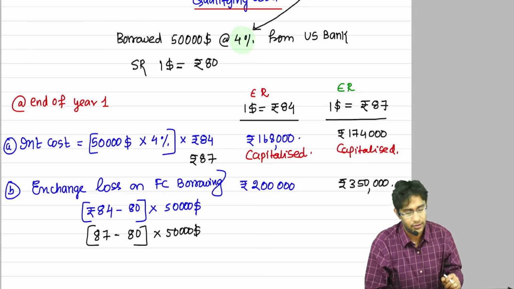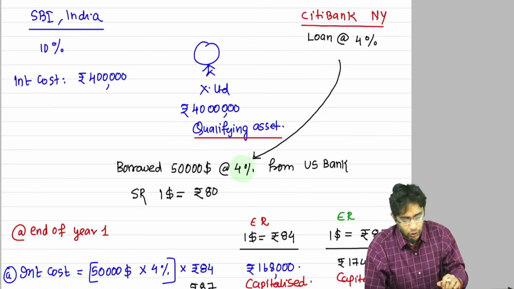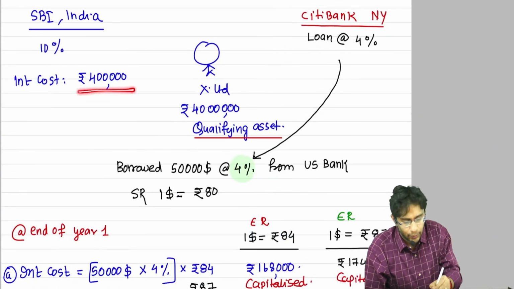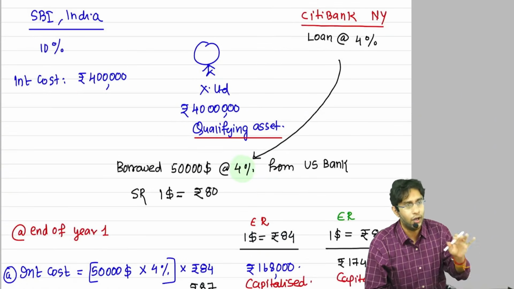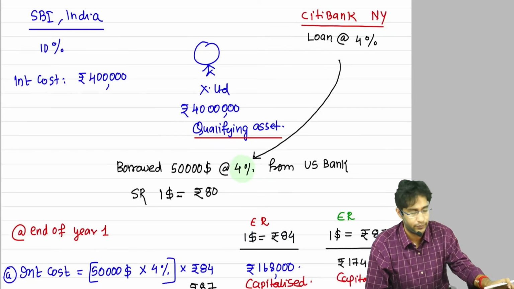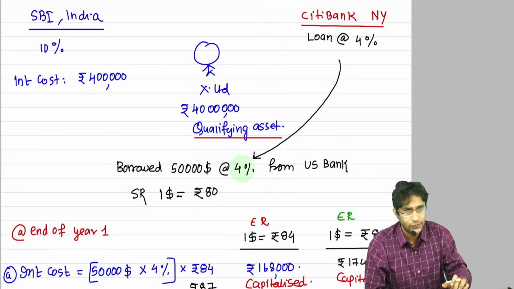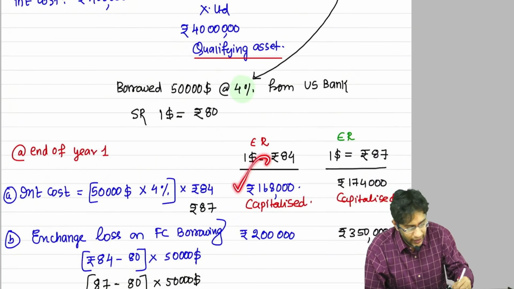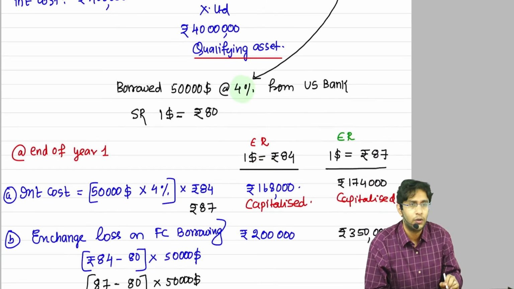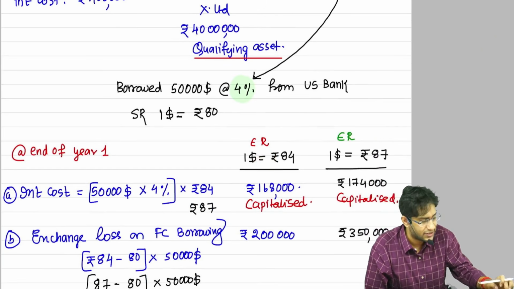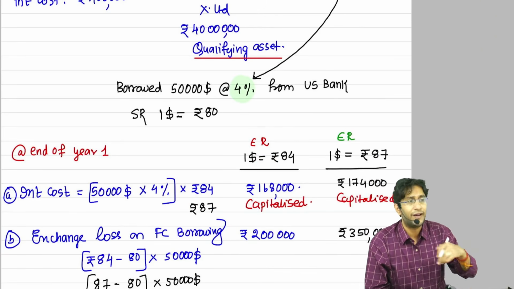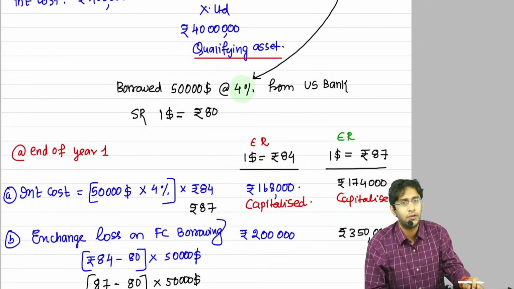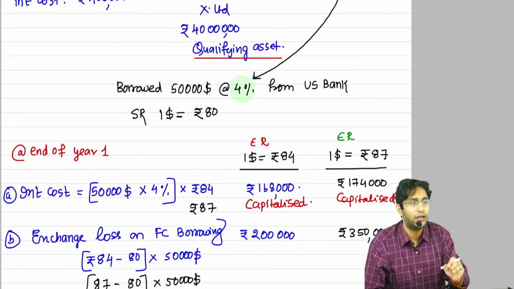Sir, how much? How much is very easy. Overall, you can capitalize 4 lakhs. Now take your calculation, all of you. If I can capitalize 4 lakhs overall, maximum, anyway I'm capitalizing how much in case 1? 1,68,000. So out of 4 lakhs, 1,68,000 anyway I'm capitalizing. Further I can capitalize how much? 2 lakh 32,000.